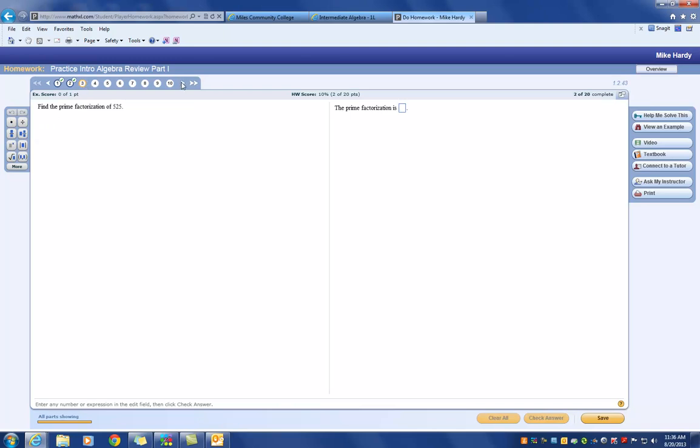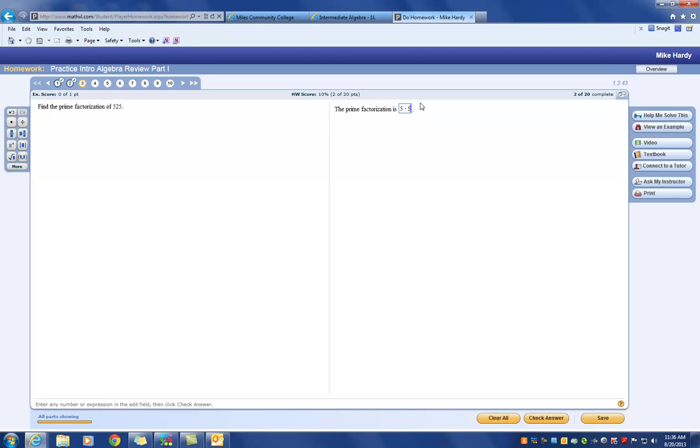Okay, the prime factorization of 525 looks like 5. We get asked how to do times. So there's the times button. So I go 5 times 5 is 25 times 5 is 125 times 5 would be... so it looks like I went too crazy on the fives.